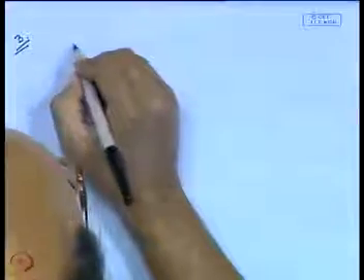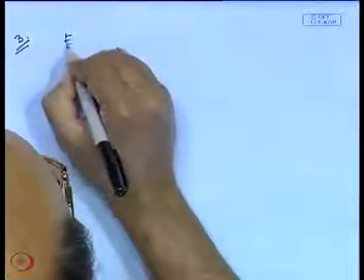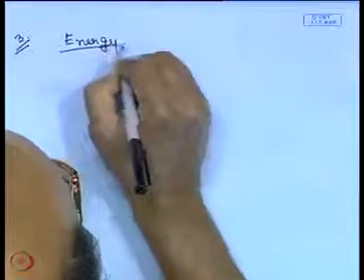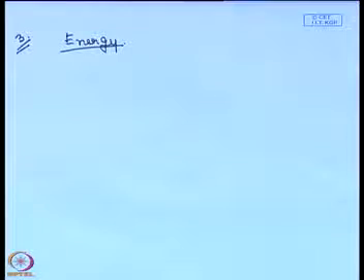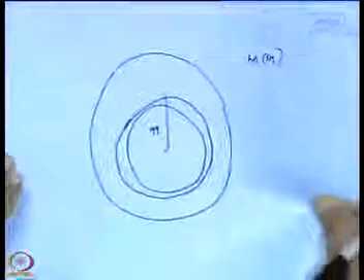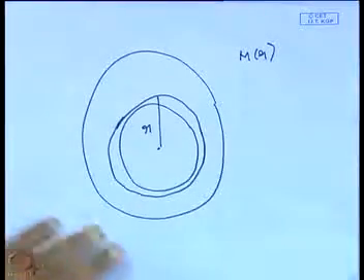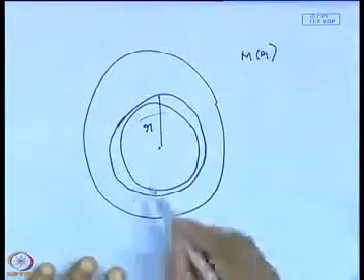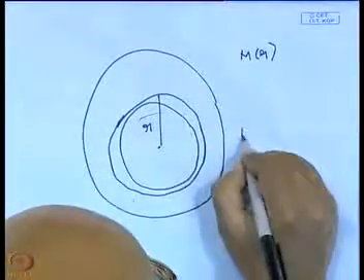Okay. So, let us go back to this picture. Now, let us say that the luminosity at a distance r is L of r.